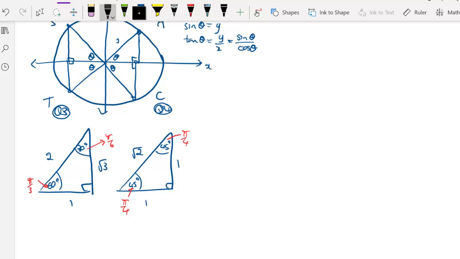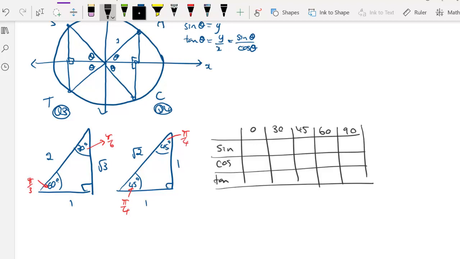If you can recall, we look at sine, cos, and tan versus the angles 0, 30, 45, 60, and 90. Now the pattern for sine is pretty straightforward. We start at 0, 1/2, root 2 on 2, root 3 on 2, and then 1.